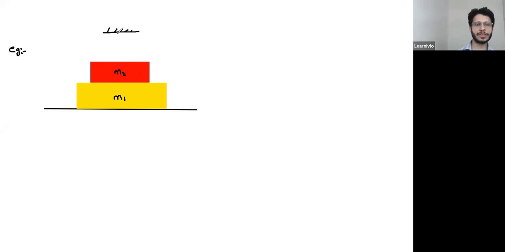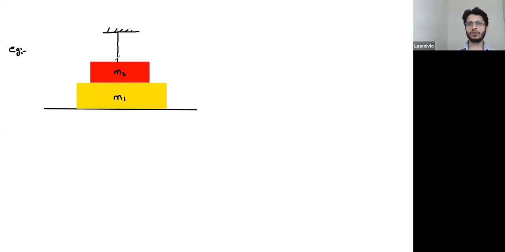Let's see one example. This will make things very clear on how to draw an FBD. So this is a surface. Two masses, mass m1, mass m2. This is a support from which I have connected a string to mass m2. This is my entire system.